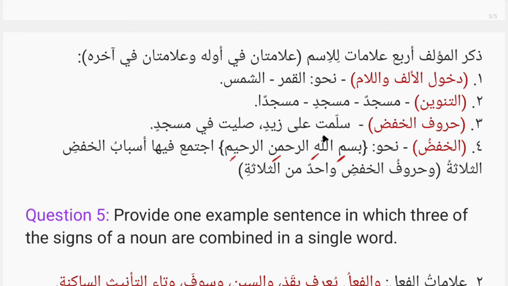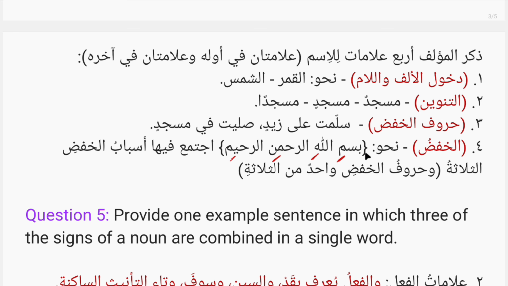This is majroor because it's mudaf ilayhi. This is majroor because it's na'at. So the words themselves becoming majroor, this is the sign of it being an ism. So here we have اجتمع فيها أسباب الخفض الثلاثة. There's only three causes of khafd, and all three causes of khafd have been mentioned here. A noun in the Arabic language will become majroor due to one of three causes.